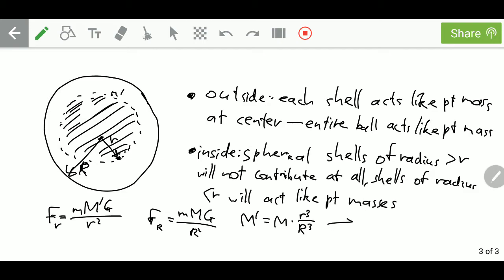And thus we get that F at a certain radius little r, where little r is less than big R, is equal to mg over capital R squared times little r over big R. So it equals the force that you would experience from the outside times the ratio of the distance from the center to the radius of the entire sphere. And so the force actually grows linearly with the radius inside the sphere.